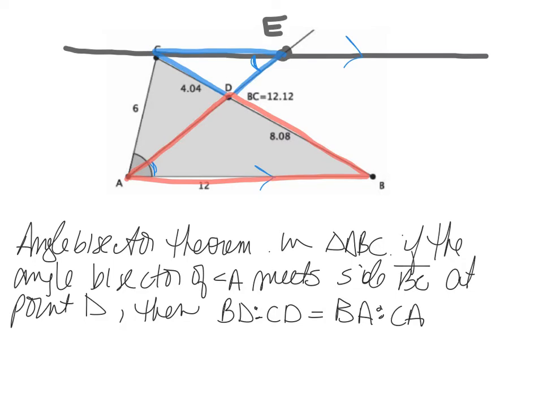And what's really cool is I've got some vertical angles here too. So we know that the measure of angle CED is equal to the measure of angle DAB, and the measure of angle CDE is equal to the measure of angle ADB because they're vertical.